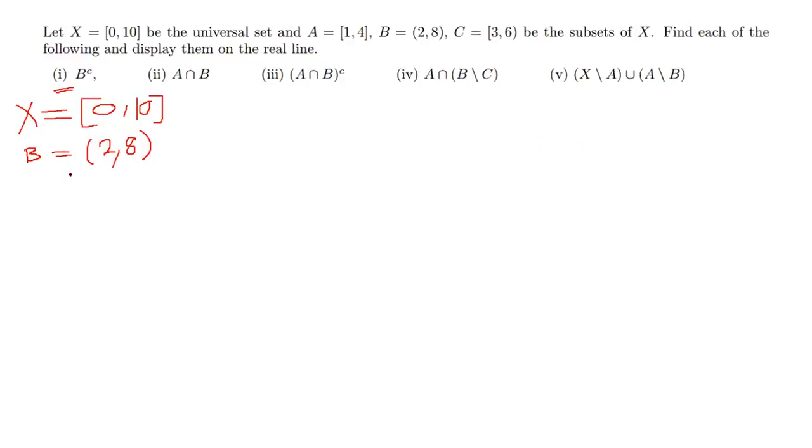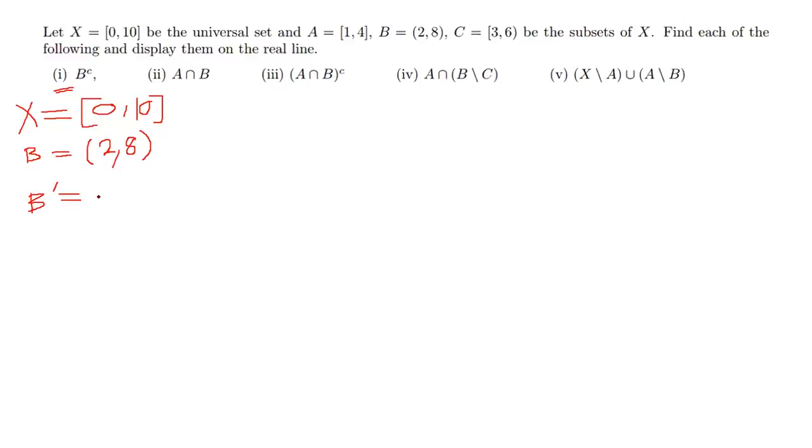So B is equal to (2,8). And then we know that 2 and 8 are not part of set B, since the brackets that have been used there are open brackets, not closed brackets. All right. If we are to find B complement, they are saying all these sets are subsets of X, and X is the universal set, meaning we don't have to work beyond or outside the universal set.